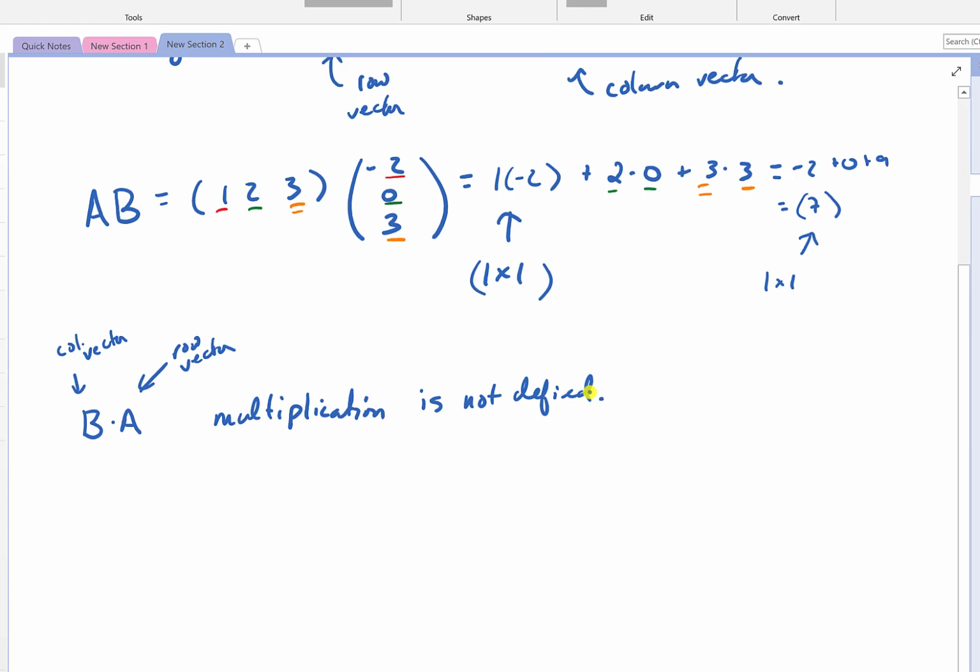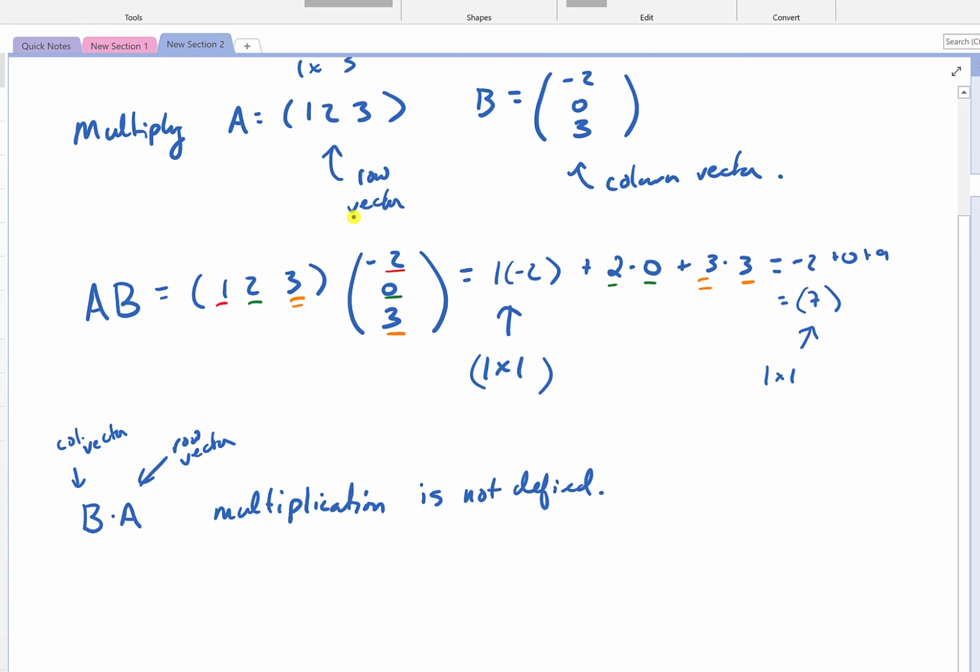All I've defined is how to multiply a row vector to a column vector. And as you remember from one of the original videos, I said multiplication is not commutative generally, and I cannot multiply this column vector on the left to this row vector on the right. That multiplication is not defined. Alright, we'll pick this up in the next video.